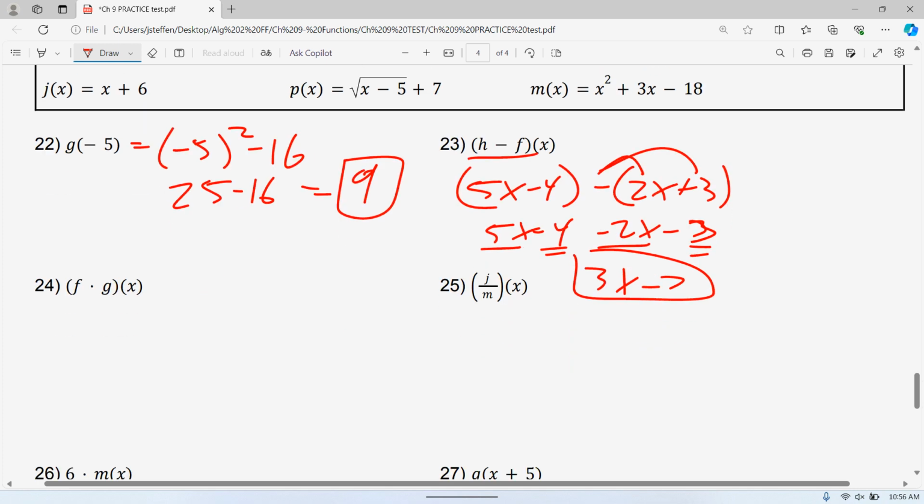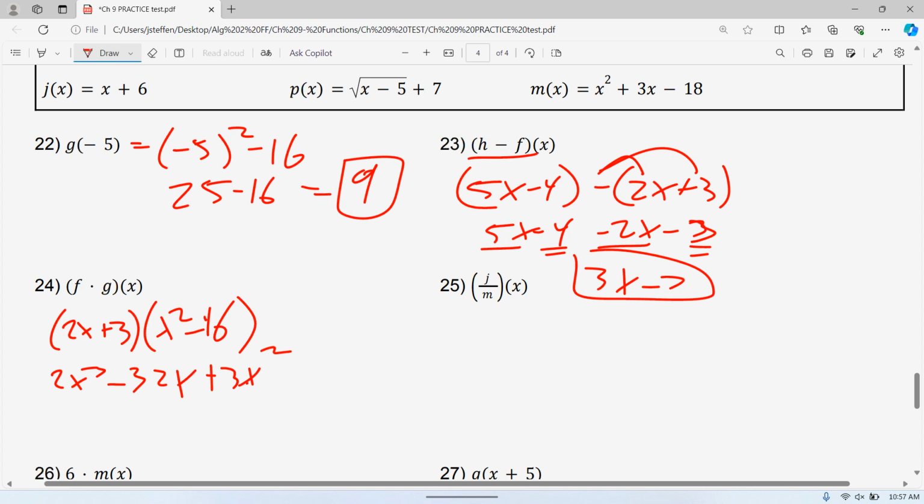I'm going to have to scroll down so I can't see the function bank anymore, but hopefully you guys can still see it. So this one's f times g, so it's just 2x plus 3 multiplied by x squared minus 16. 2x times x squared is 2x to the third. 2x times 16 is -32x, plus 3x squared.